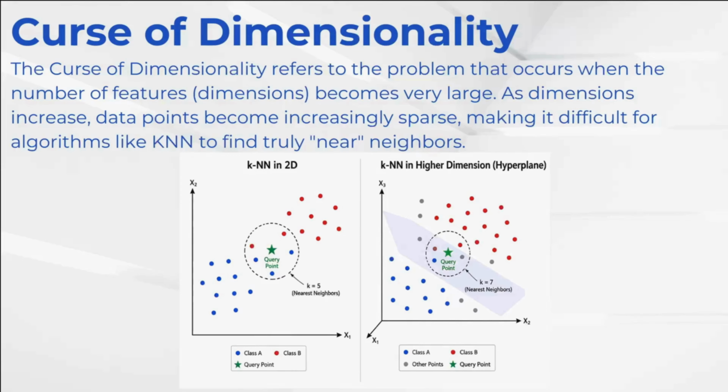And why it happens is, let's take an example. We have to classify a person on the basis of two features, age and city. So we have a data set of 100 people where we have their age and their city. And if I want to classify one person, I can take a look at these 100 samples and try to classify this unknown person based on the two features, that is the age and the city.